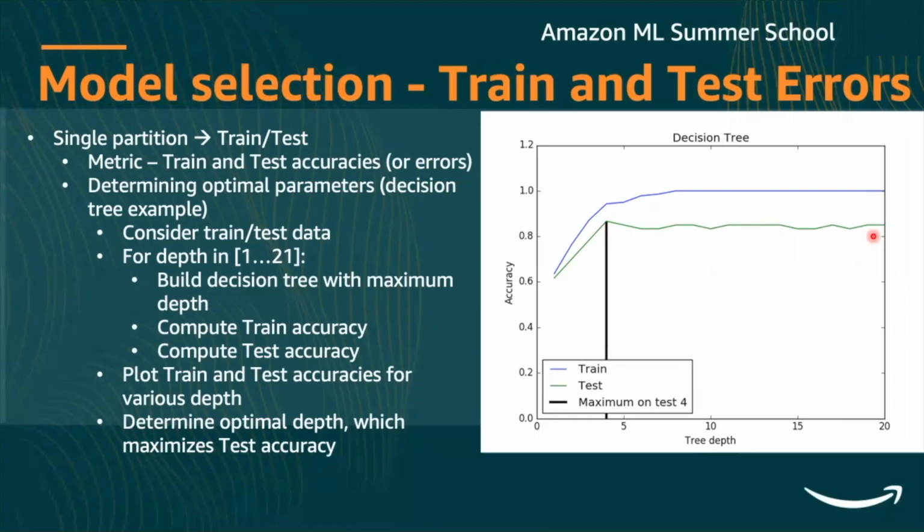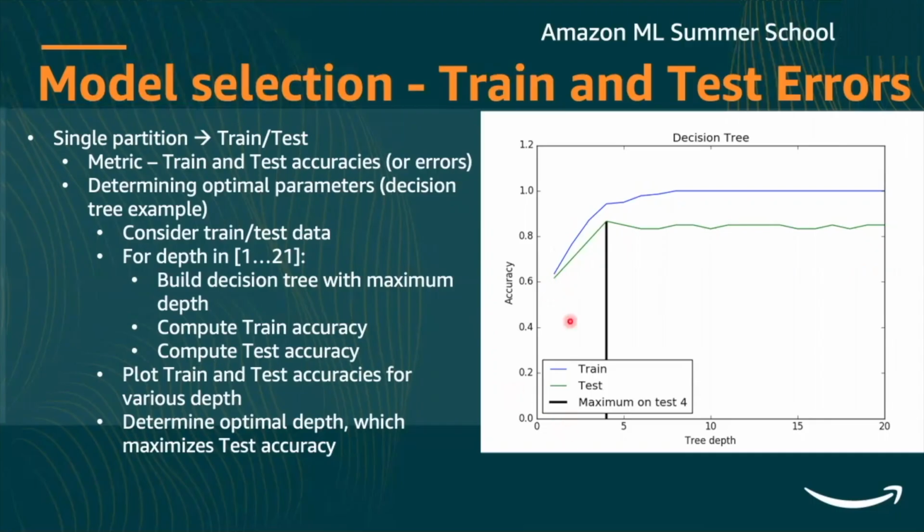So what you do is consider the train and test set of the data. Let's say, for example, you consider only the depth of the tree. You build the decision tree with depth 1, depth 2, depth 3, depth 4, so on and so forth. You compute the train and test accuracy, so you'll get a plot something like this, for a single test train partition.